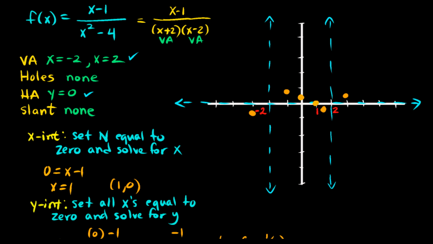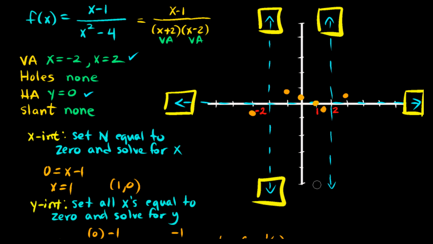Now, in order to actually get this full graph, you have to understand what the asymptotes do to the graph. The areas that you really want to focus on for asymptotic lines are the extremes of the asymptotes: way to the left and way to the right, all the way up and all the way down.